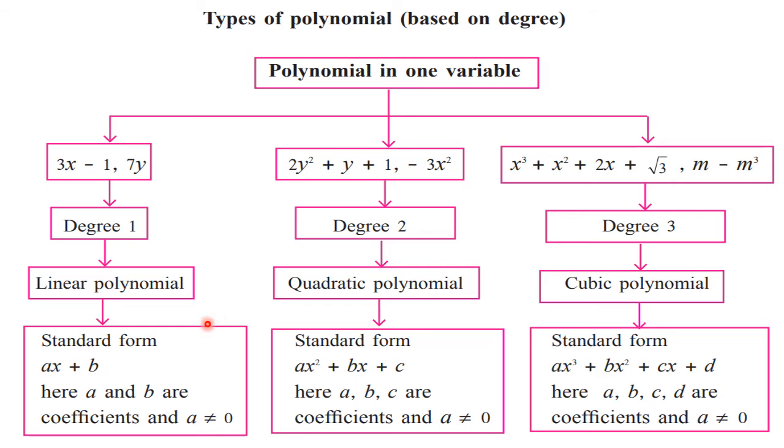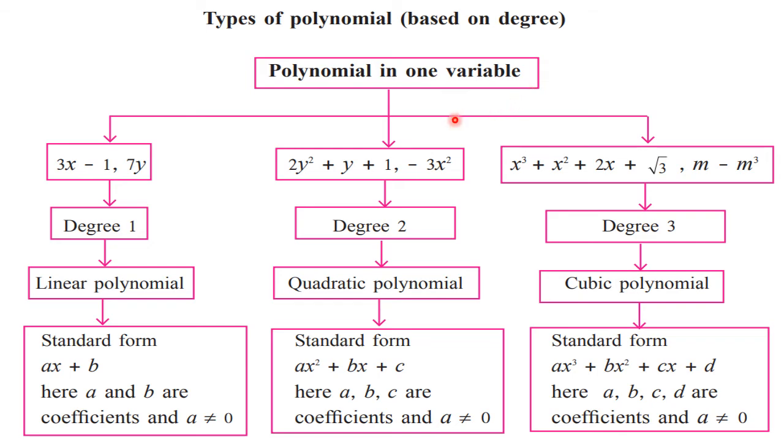Now we will see the second type of polynomials, which is based on degree. Just now we have seen what is the meaning of degree of a polynomial. Now here we are going to think only about the polynomials in one variable. We are not going to think of polynomials with more than one variable.